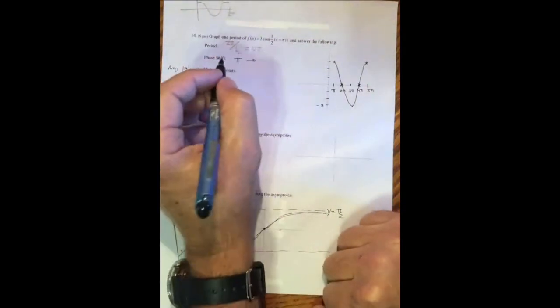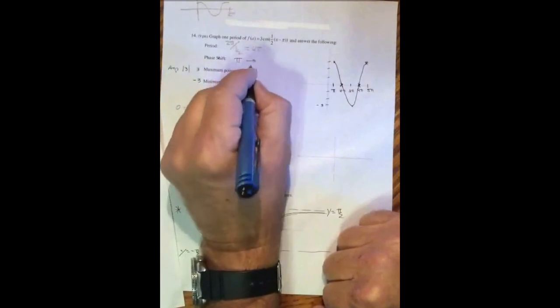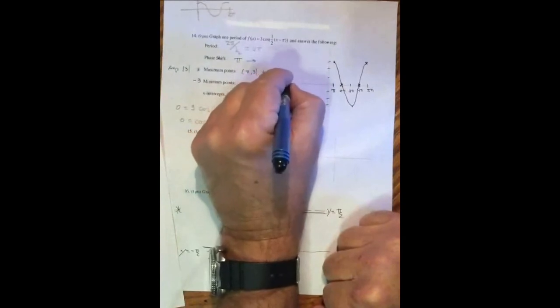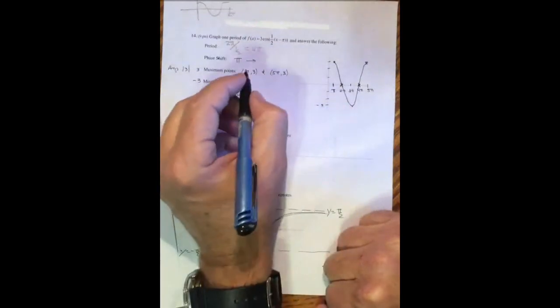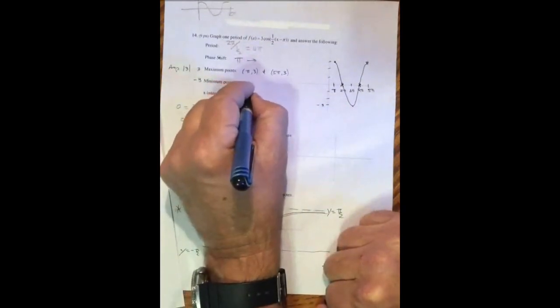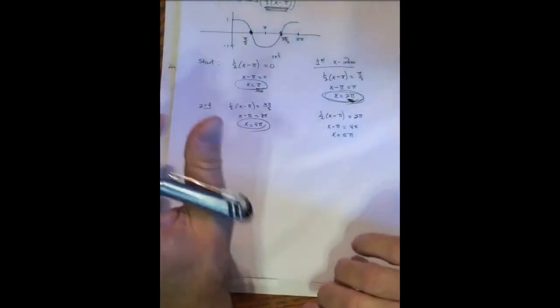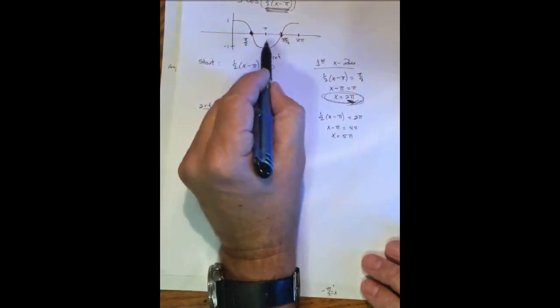Now, what are the maximum points? Well, the maximum points are going to be pi and 3 and 5 pi and 3. The minimum point is going to be at 3 pi and minus 3. Now you say, wait a minute, how do you know that occurs at 3 pi? Well, look, on the reference curve, the minimum occurs at pi.